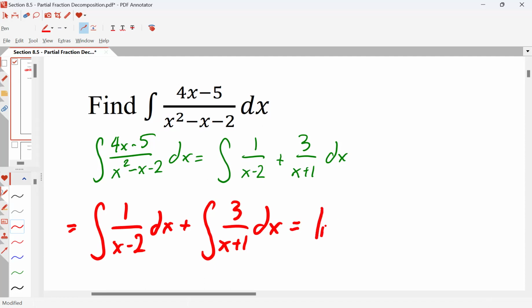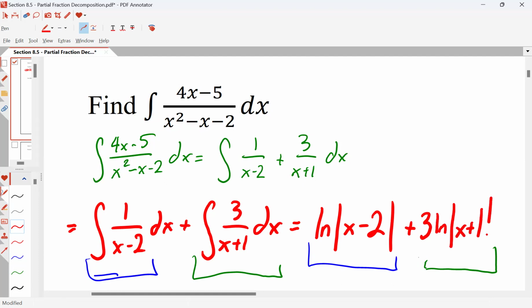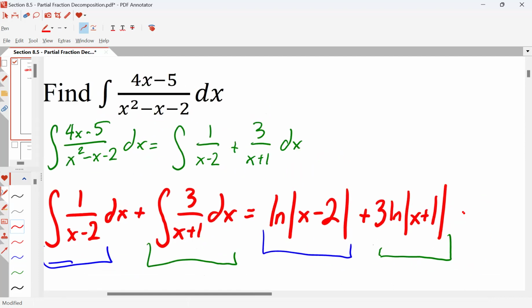So we get the natural log of the absolute value of x minus 2 for the first antiderivative. And then the second antiderivative, the 3/x plus 1 with a basic u sub, will become 3 times the natural log of x plus 1. And now a plus c.